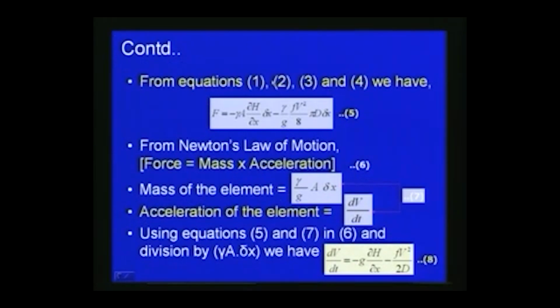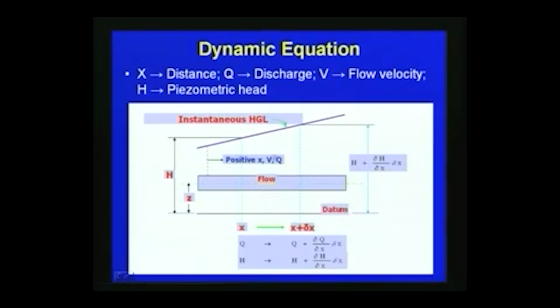So, from equations 1, 2, 3 and 4 we can write F is equal to minus gamma A del H by del X into delta X minus gamma G into f V square by 8 into pi D into delta X. So, for the given system here, we considered this section.